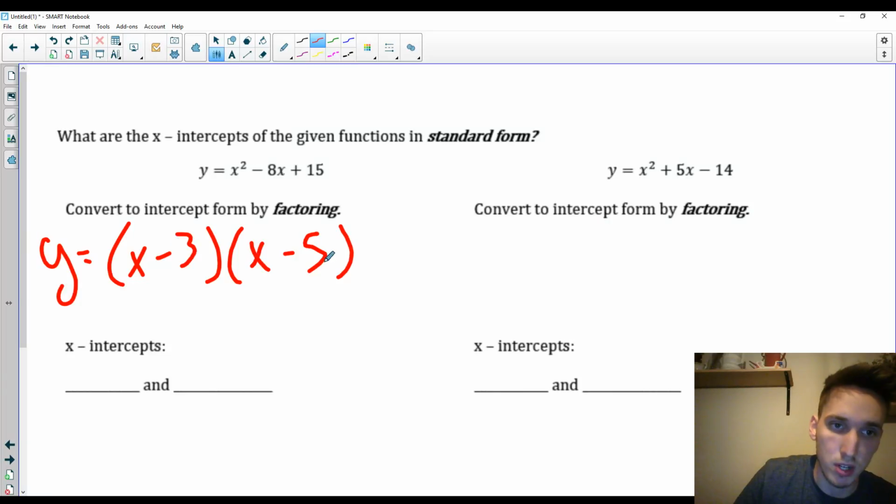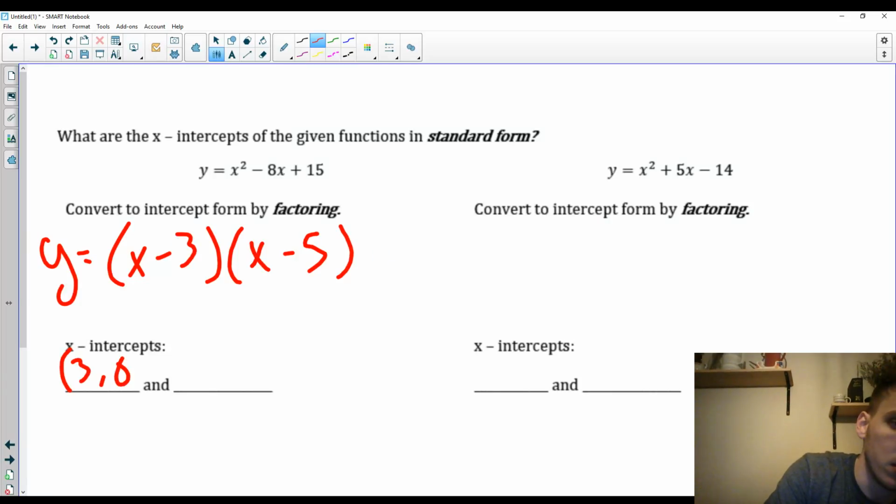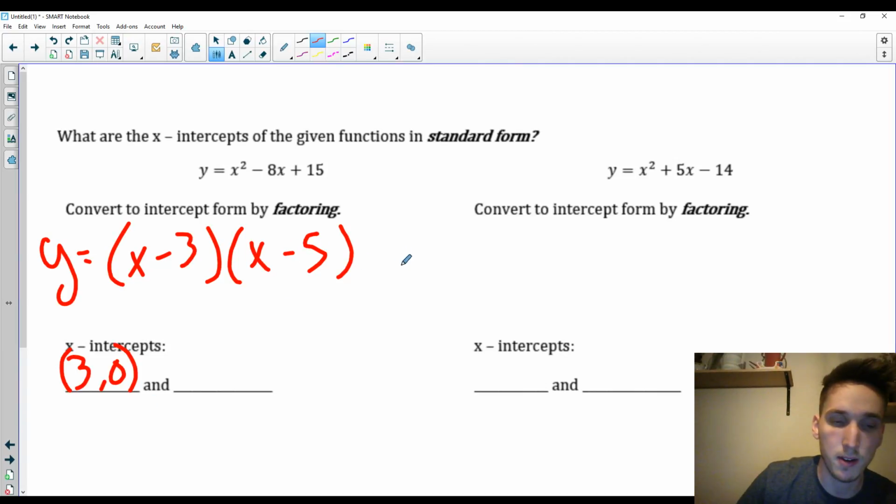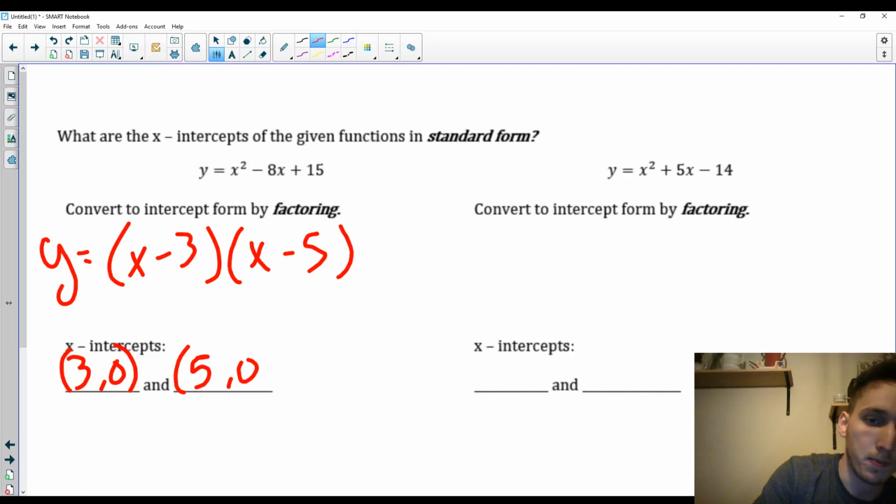A minus 3 here means a positive 3, 0. Positive 3, 0. And a minus 5 here, you're probably starting to catch on, positive 5, 0.